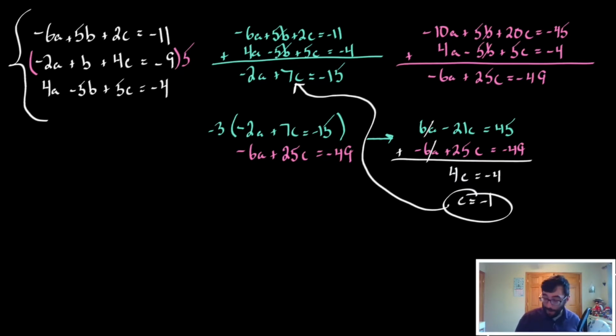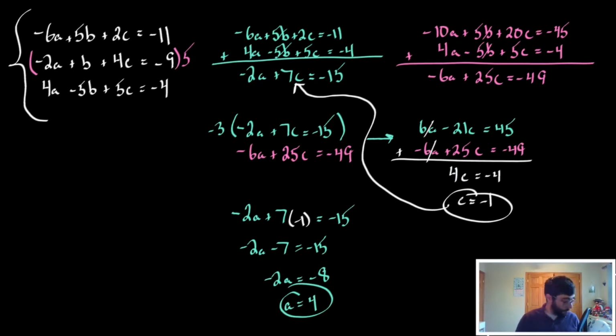All right, so let's go ahead and do that. So I substituted in -1 for c right down here. That left me with -2a plus 7 times c, which is -1, is equal to -15. And then I was able to solve for a, and that got me a is equal to 4.